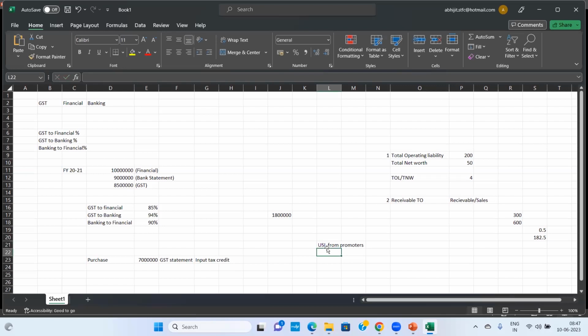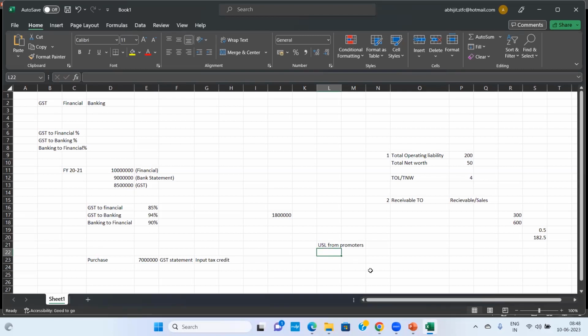In the unsecured loan, there is an item called unsecured loan from the promoters. So that means it's a pseudo equity. If the promoter is giving unsecured loan and not taking any interest for that, that's a pseudo equity which you can calculate in the equity to show that your leverage is in a good state.